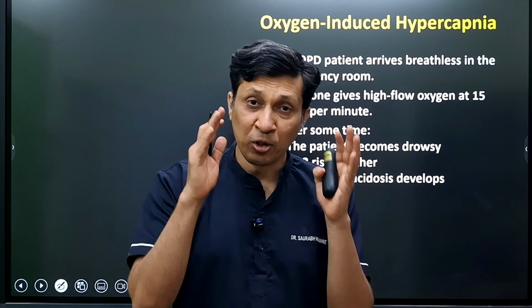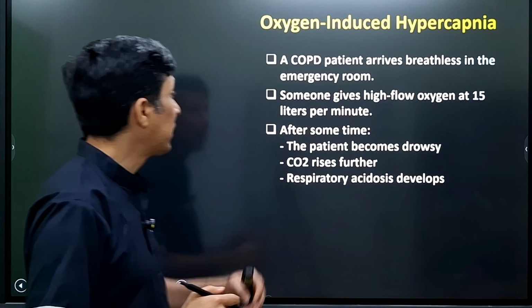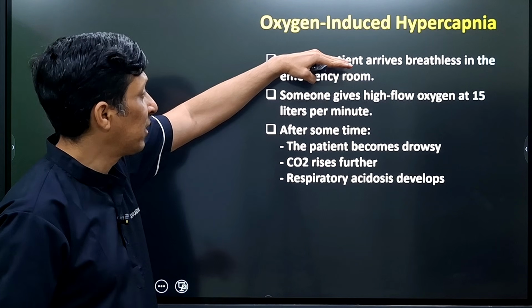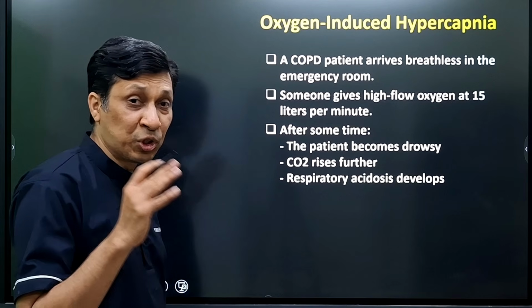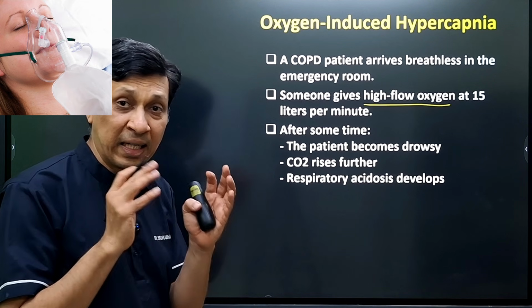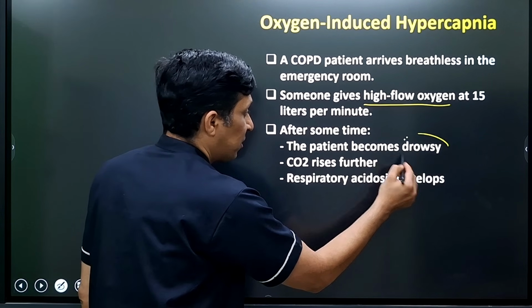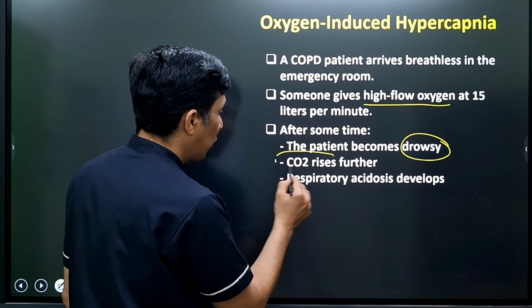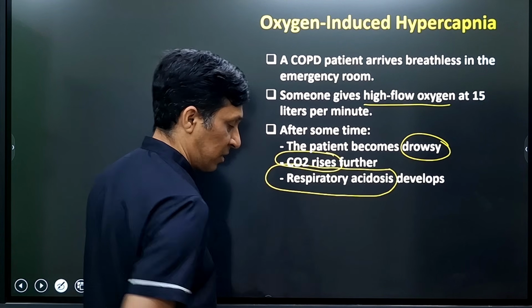Now let's see a common case that we often face in the ER. A COPD patient arrives breathless in the emergency room. Some junior doctor starts high flow oxygen at 15 liters per minute, and after some time the patient becomes drowsy, CO2 in the blood rises, and there is respiratory acidosis.